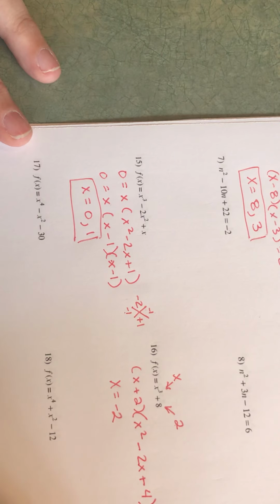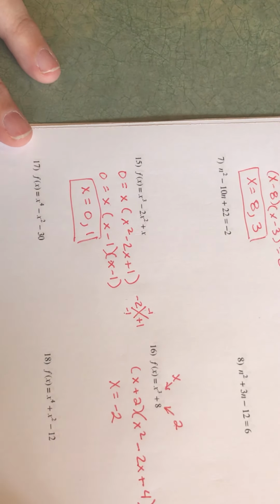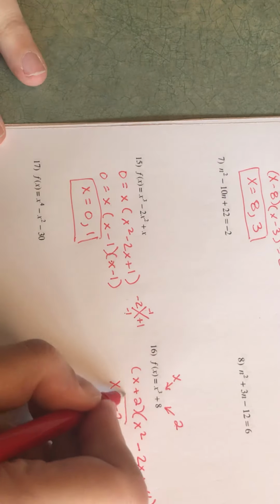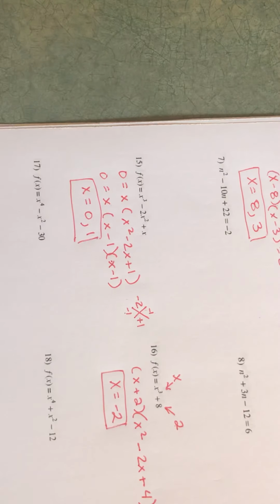Which is 2 plus or minus the square root of 4 minus 16, divided by 2, so 2 plus or minus the square root of -12. Right here I can see that the answers are going to be imaginary because I'm taking the root of a negative, so I'm just going to call it good with that.